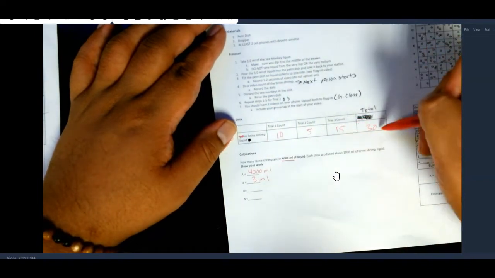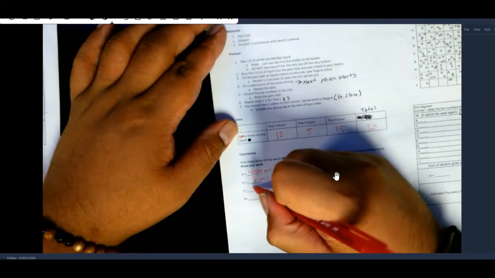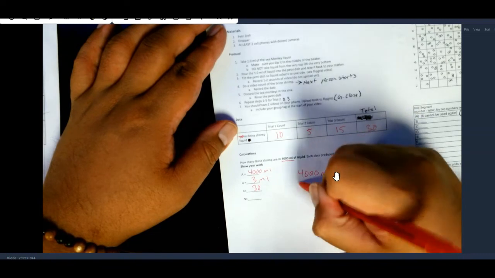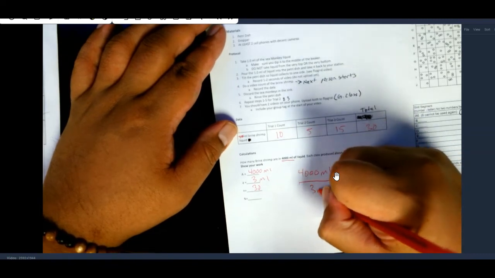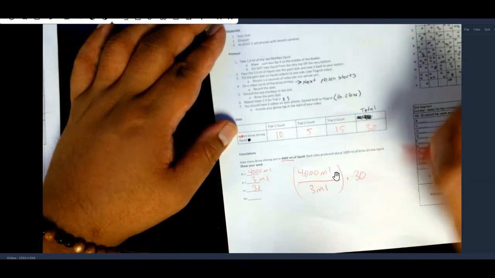Little n, how many total were there in the 3 mLs that your group sampled? In this case, 30. All right, set up the equation. 4,000 mLs that we don't want to count. We did count 3 mLs in this particular case, and we found 30 sea monkeys in those 3 mLs.